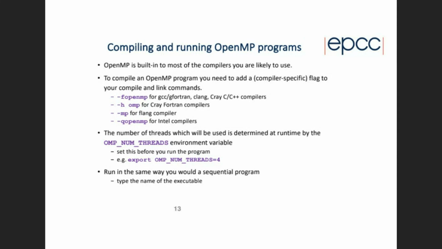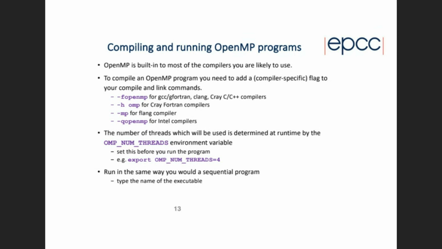For example, I can type on my command line or in my batch job script, export OMP_NUM_THREADS=4, and then by default, any subsequent OpenMP programs that I run will use 4 threads for all their parallel regions.